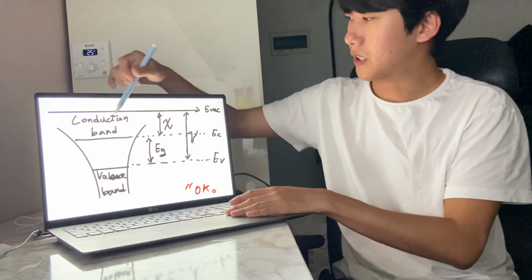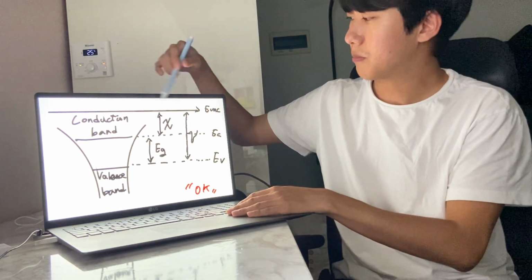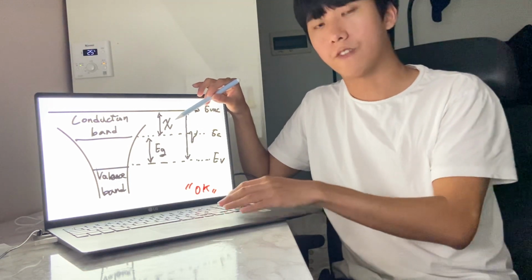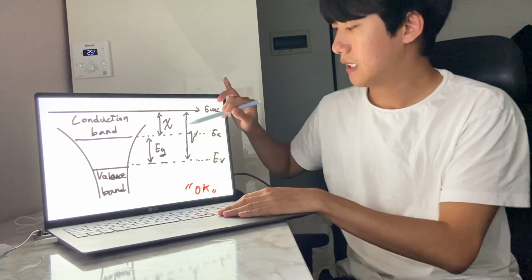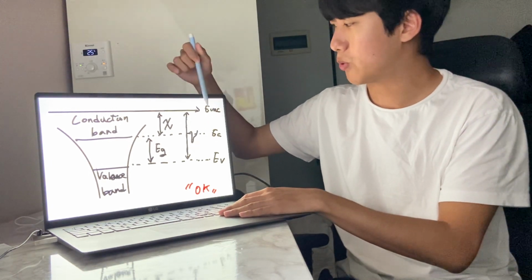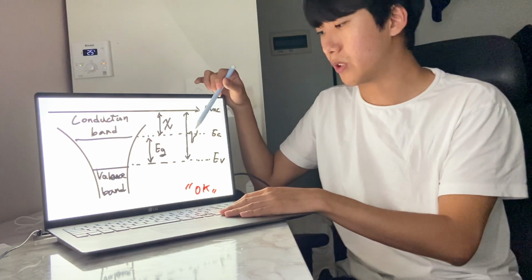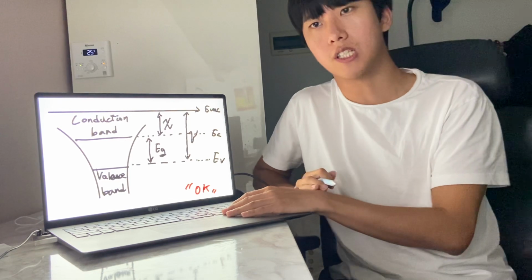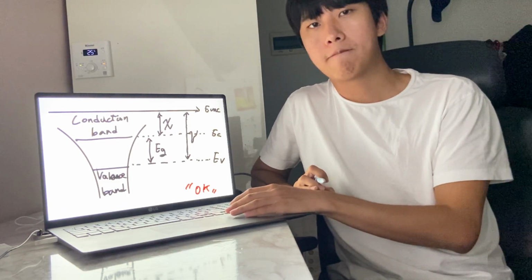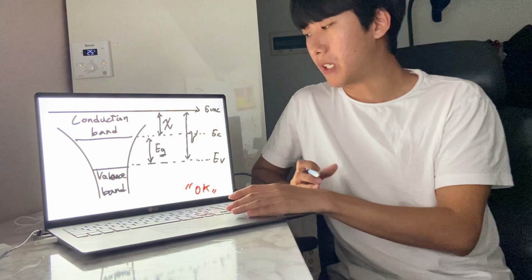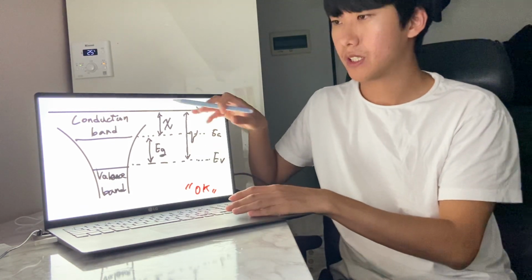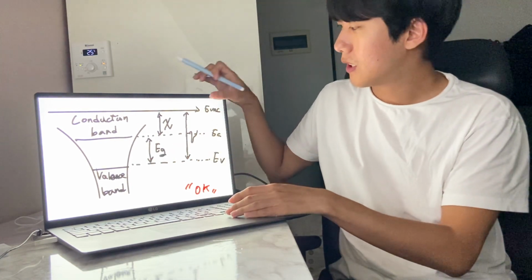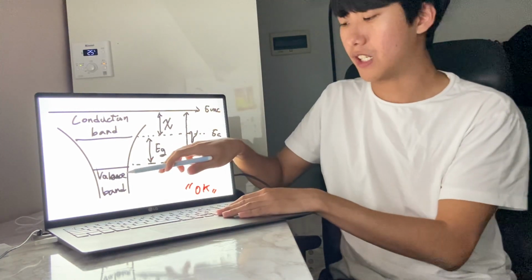The energy from the conduction band to vacuum is called electron affinity, and from the valence band to vacuum is called the ionization energy, the minimum energy required to excite an electron from the valence band to vacuum energy.